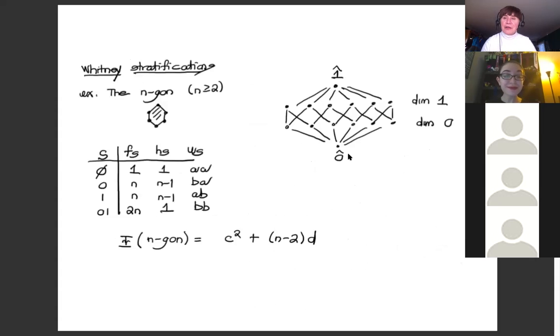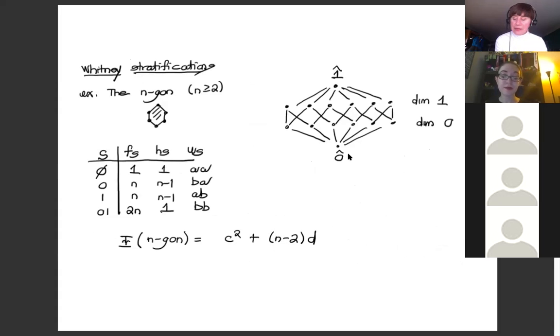Okay, so let's go to Whitney stratifications because I wanted to make sure I could at least do this. So now we're saying, all right, we've looked at polytopes. What about something called Whitney stratification? So we're going to start looking at the n-gon again. So here I have a hexagon.